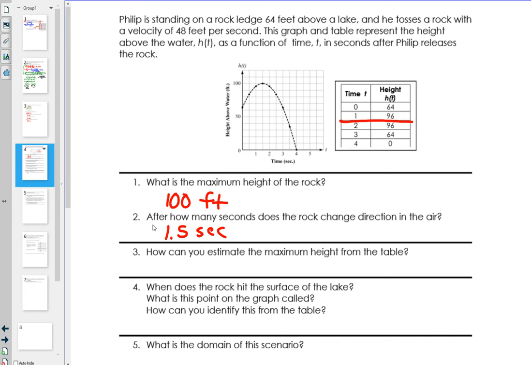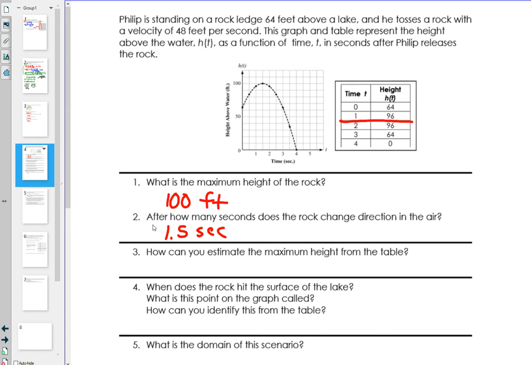As you go up, you also start to slow down because gravity starts to take effect. So it probably wouldn't jump up another 32. What's 96 plus 32? 128. So we know it won't reach 128, but how high does it reach?